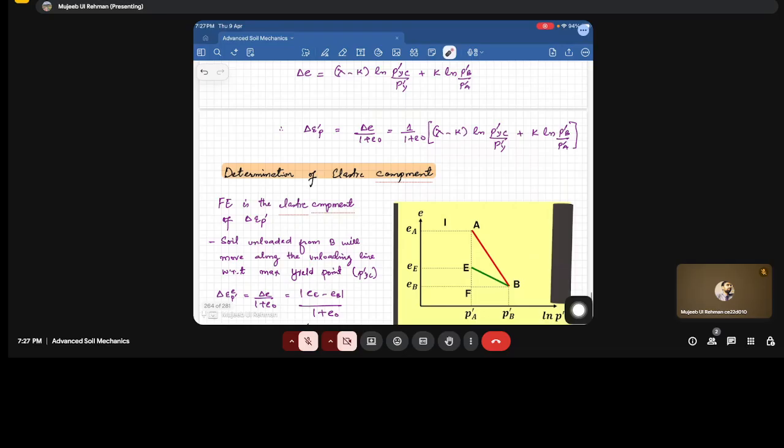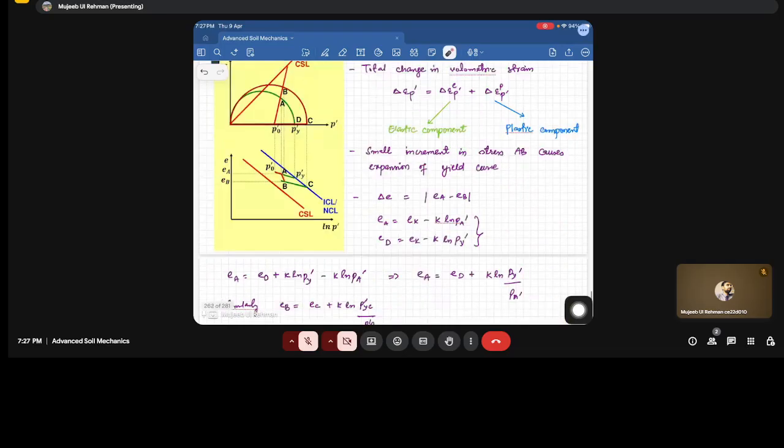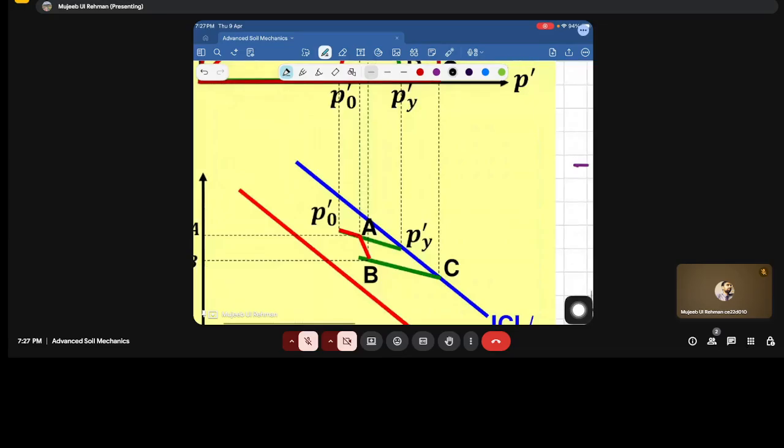That's what I told you here. If you extend this, it will have two things: this and this. This part is the elastic part.